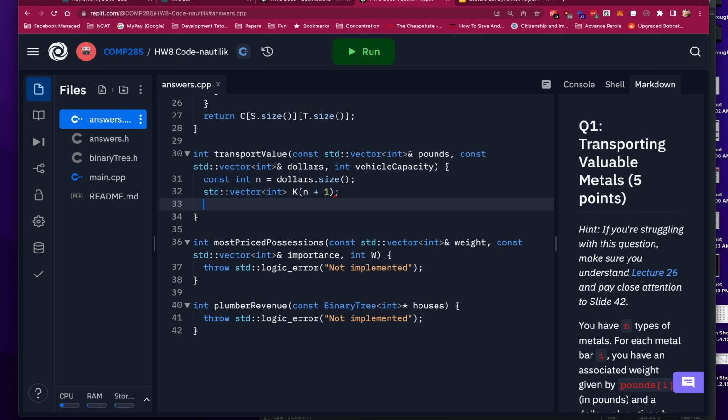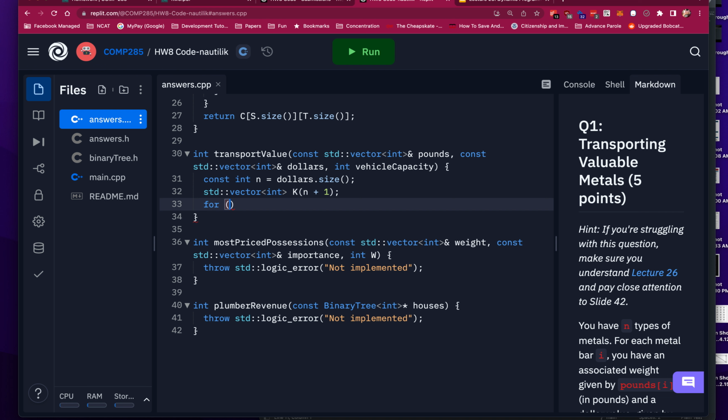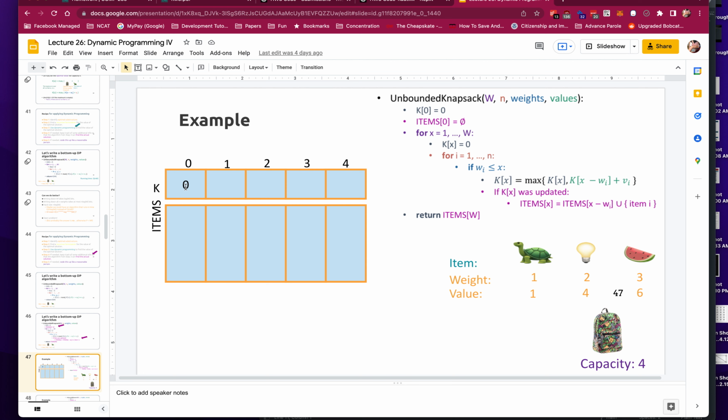So this is n plus 1. And then you iterate over all possible values and start filling in k. For the pseudocode uses x, so x equals 1. x is less than or equal to vehicle capacity, k.